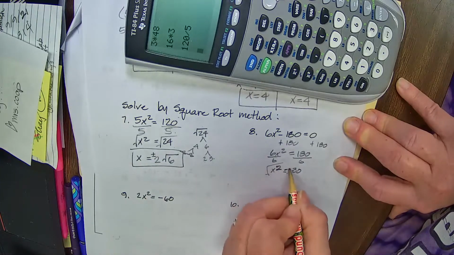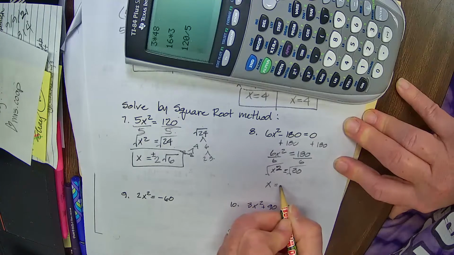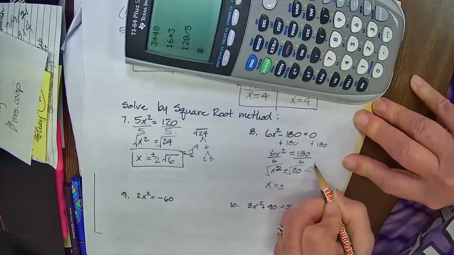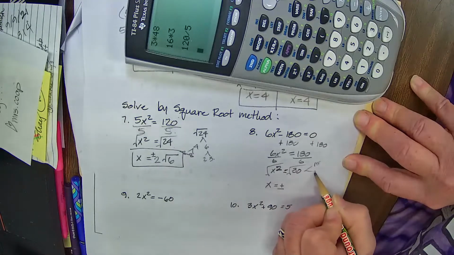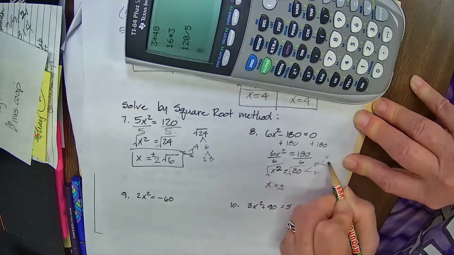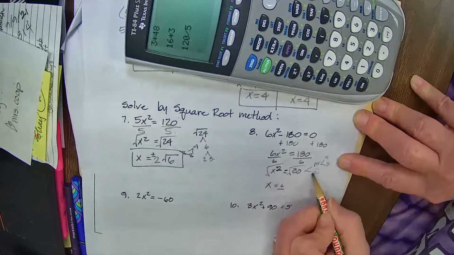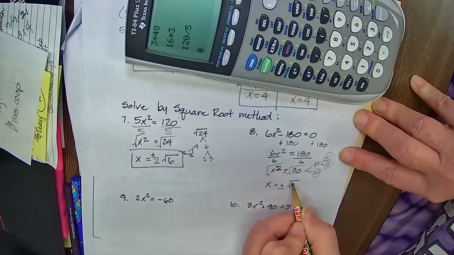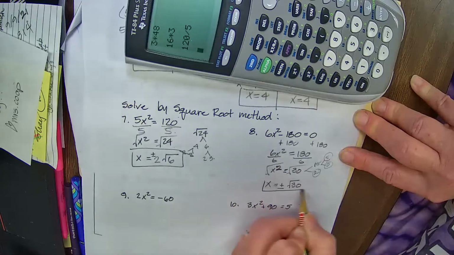So we take the square root. So x equals plus or minus. All right, we've got 15 and 2 and 5 and 3. Well, none of these make a pair, so it just stays square root of 30.